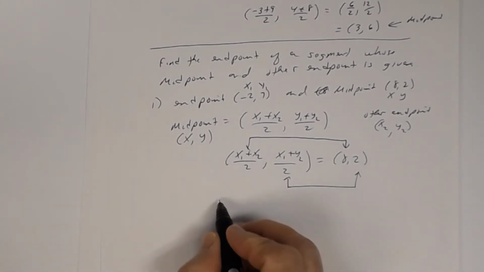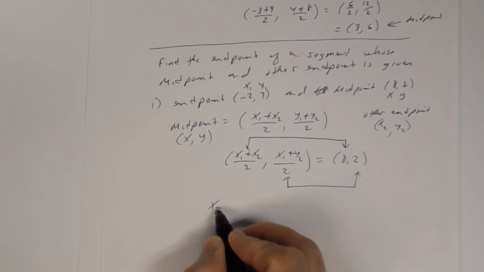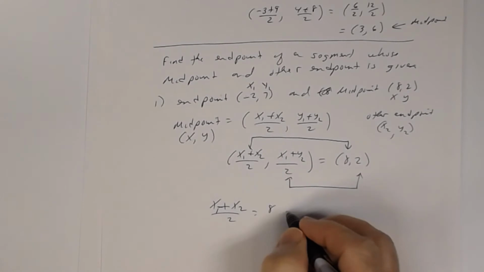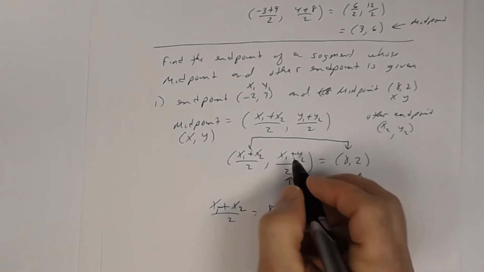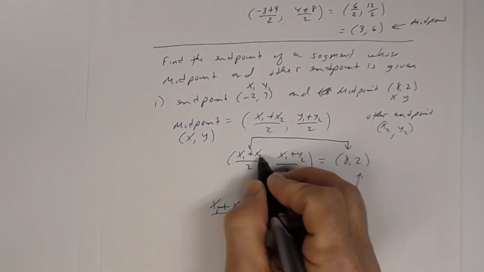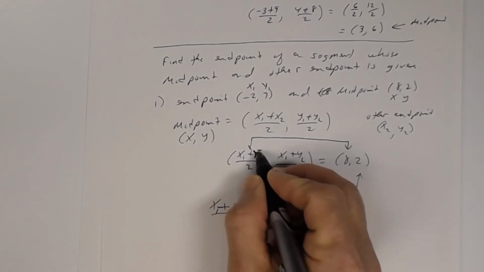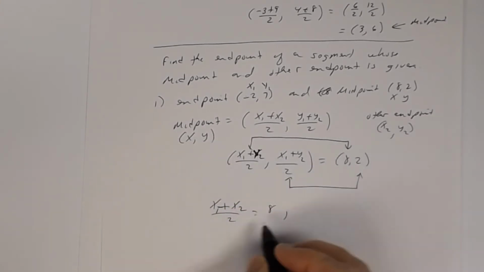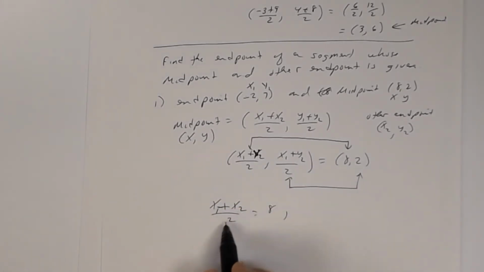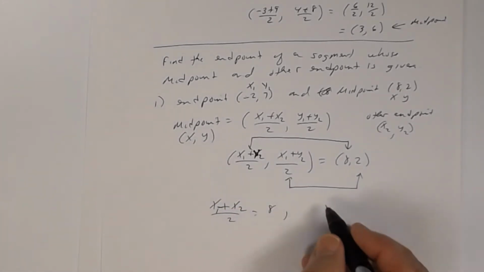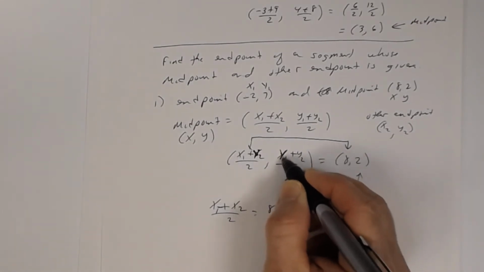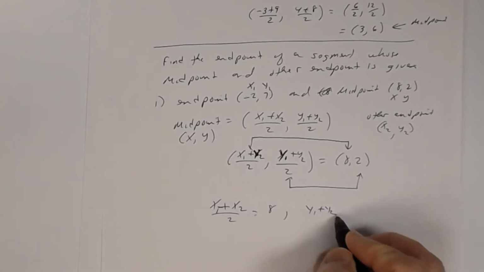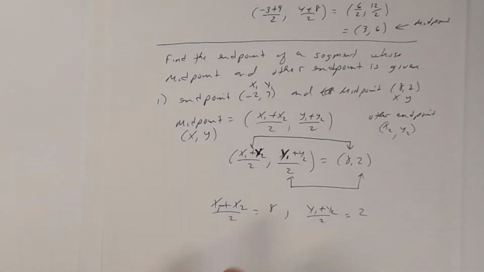So you're going to say, I know that (x1 plus x2) divided by 2 has to equal 8. And I know that (y1 plus y2) divided by 2 has to equal 2, right?